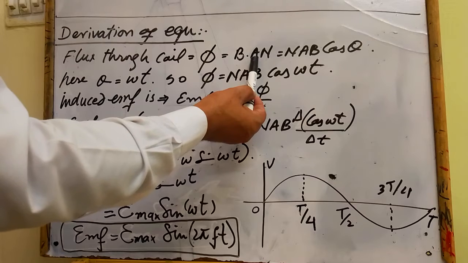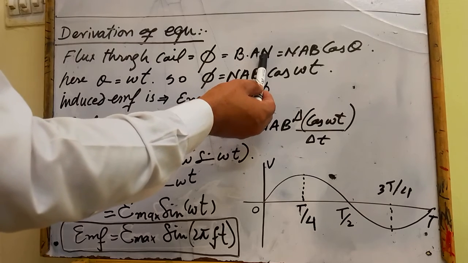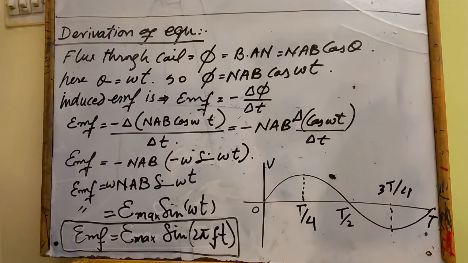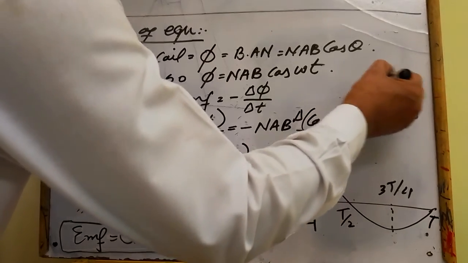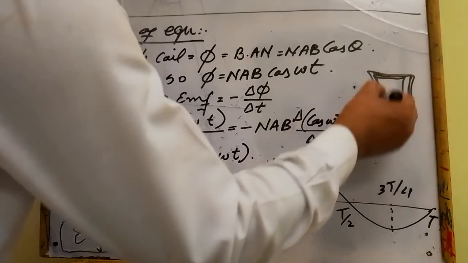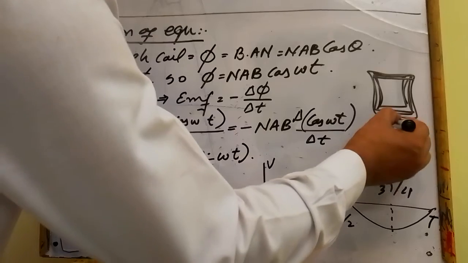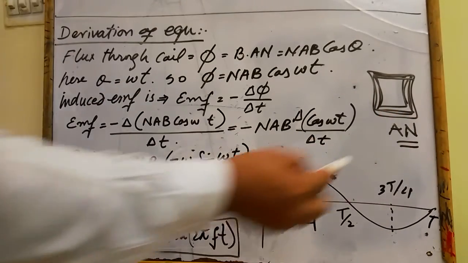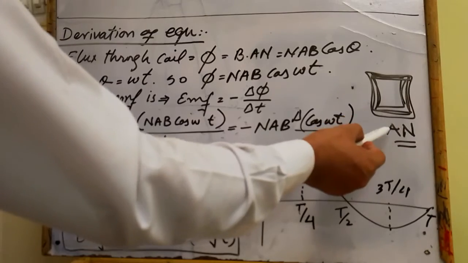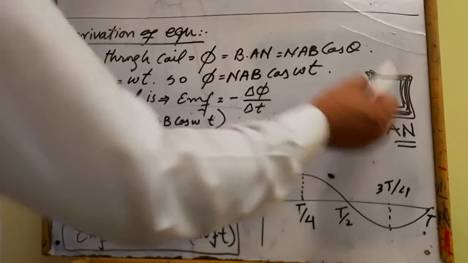A is the area of the loop and N is the number of loops. To enclose the total area of the coil, we multiply the area of a single loop by the number of loops, which gives us the total area of the coil.